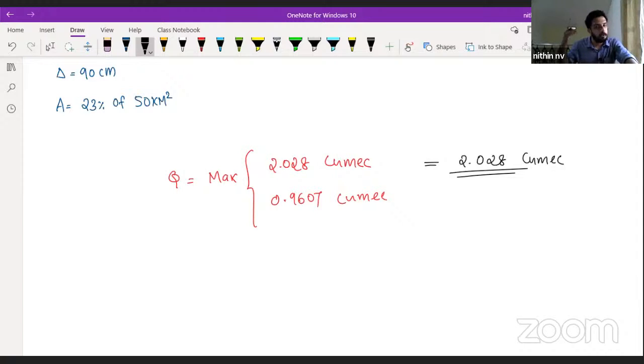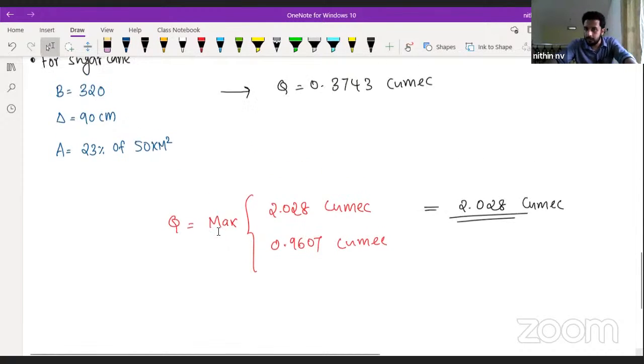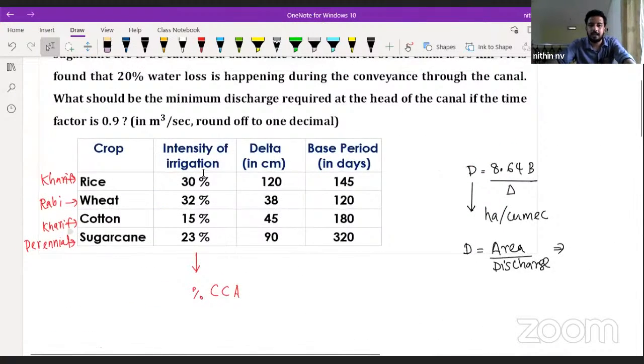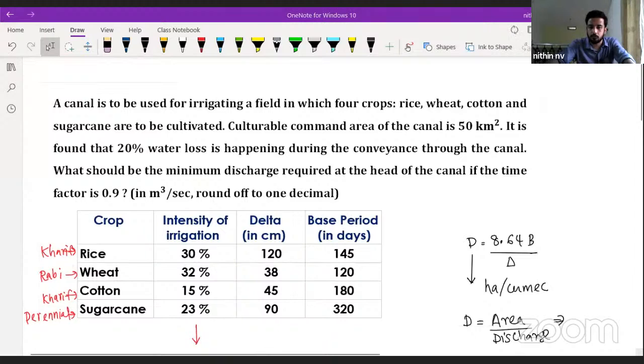But if you are giving this much discharge, we have to make sure that this is finally reaching your field. So that we have to check. They told that the canal discharge is having some loss, which is 20%. 20% loss means conveyance efficiency will be 80%, and they have also given a time factor of 0.9.